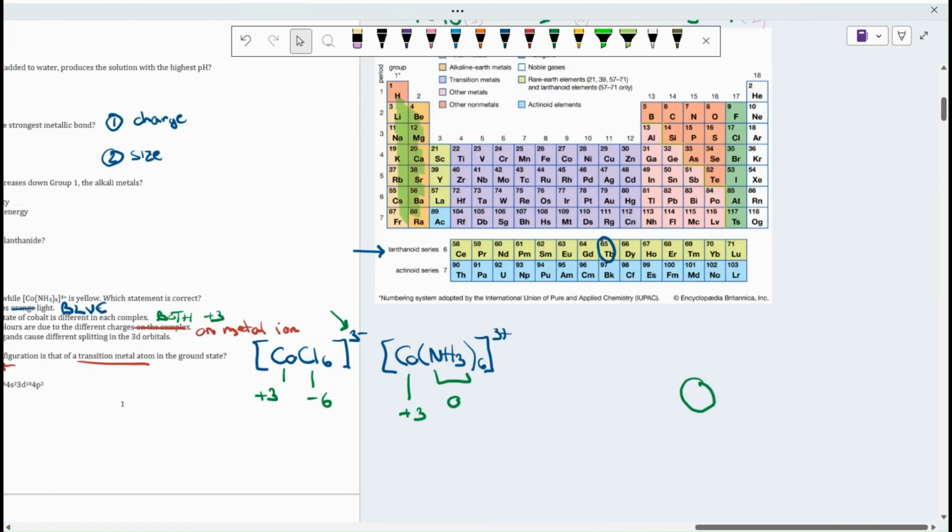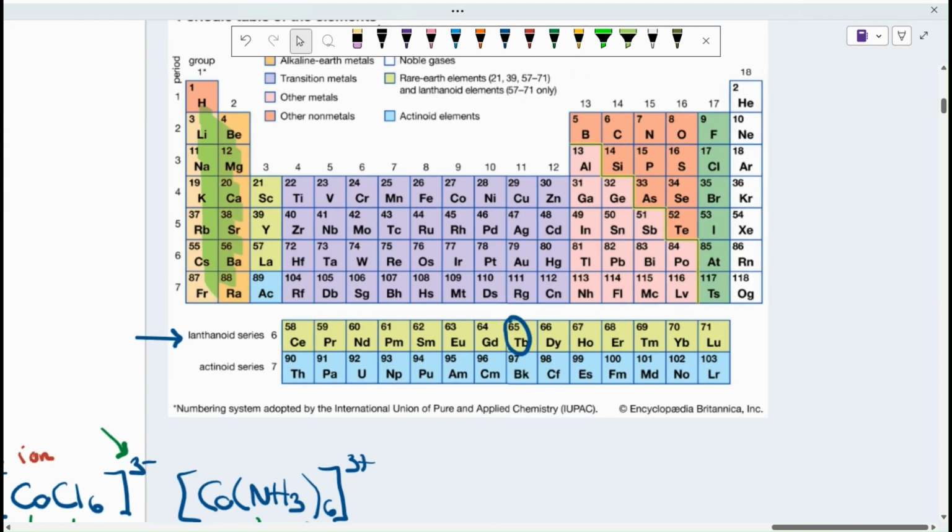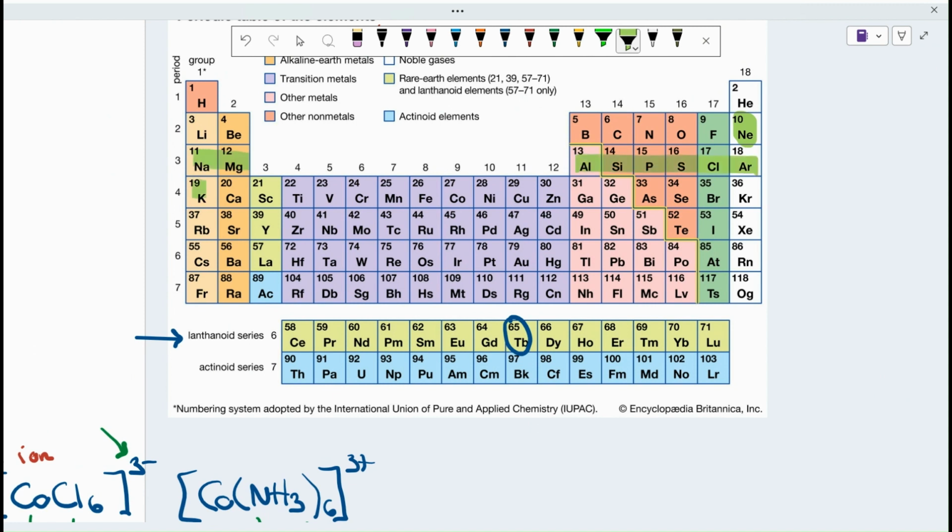So after neon, we're here, neon. We have 3s2, this bit, 3p6, this bit, 4s1. Okay, so it's actually potassium.